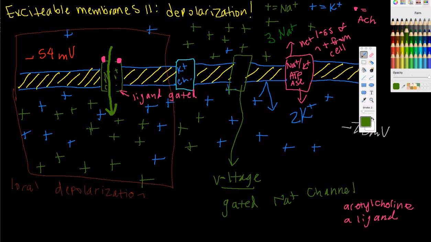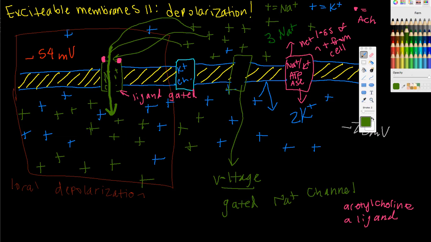So if this local depolarization proceeds to the extent that pluses from over here start flowing down their concentration gradients, voltage-gated sodium channels may open up.